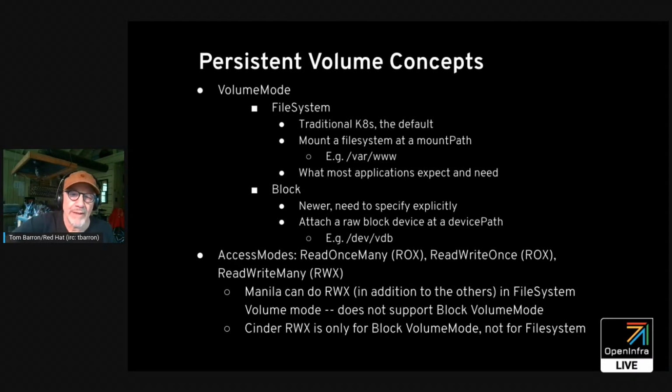We can talk about that at length if people want to, but you can potentially corrupt your file system, and in any case, you get inconsistent contents across different nodes because you use XFS or by default ext4 node local file systems with Kubernetes, not a clustered file system. So Cinder RWX is for raw block volume mode, and you can do that there. If you have multi-attach in Cinder, you can do RWX with raw block volume mode.